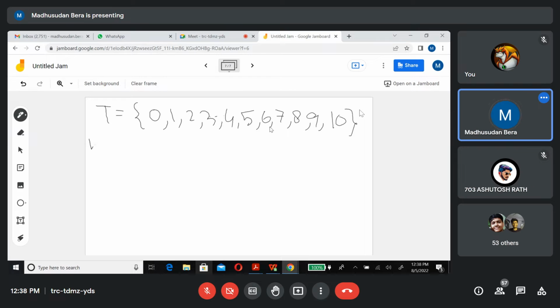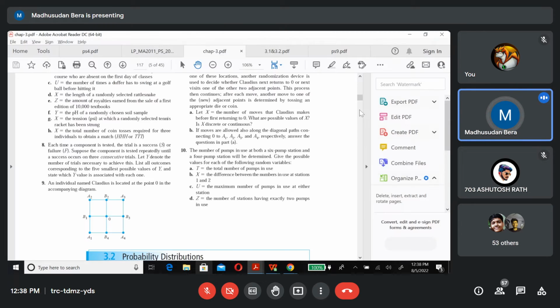Then the next part. Next is X, equal to the difference between the numbers in use at station 1 and station 2.